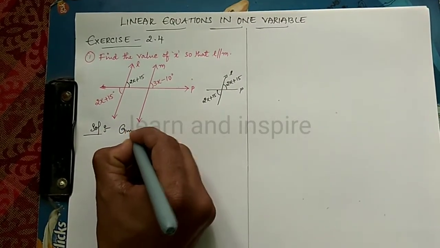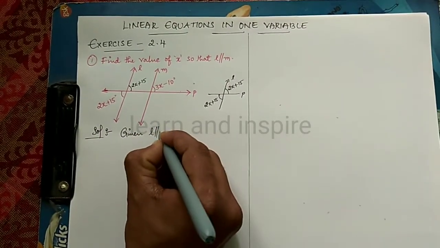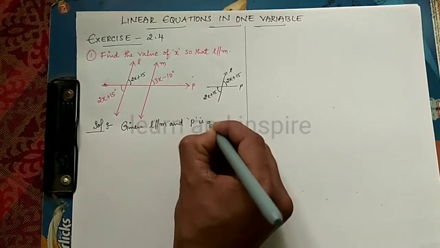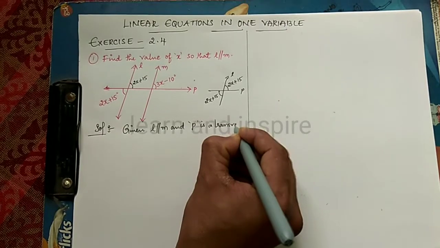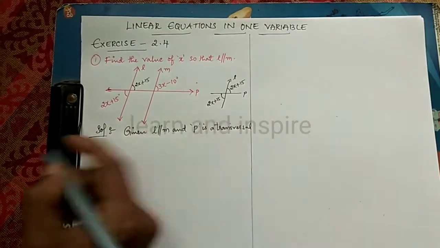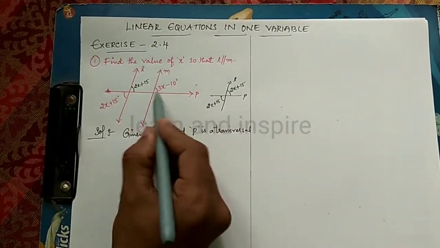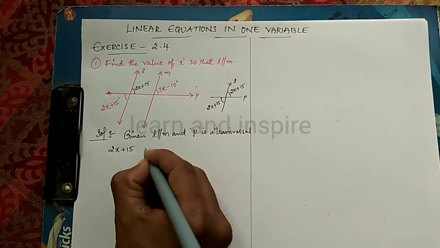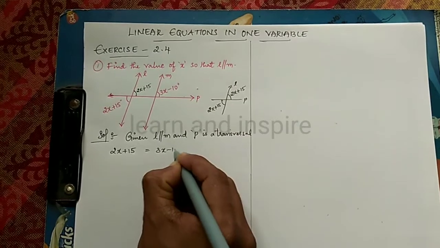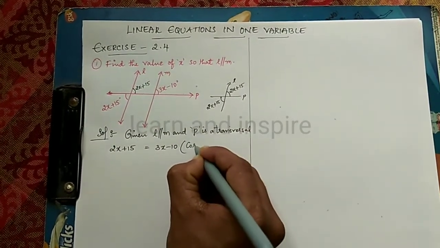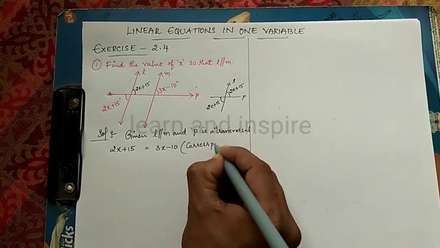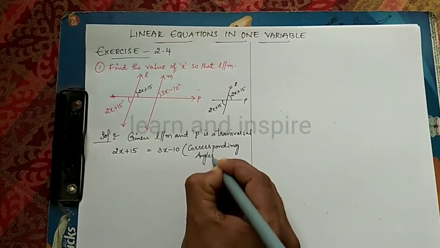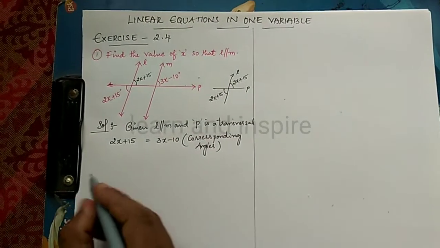First we write the given: L is parallel to M and P is a transversal. Now by the problem we can say that these two angles are equal, because 2x plus 15 is equal to 3x minus 10, since they are corresponding angles.